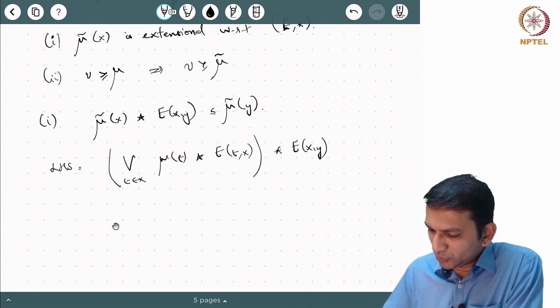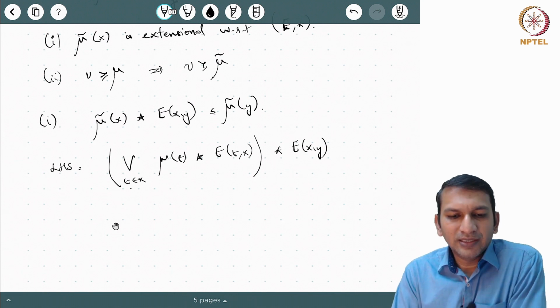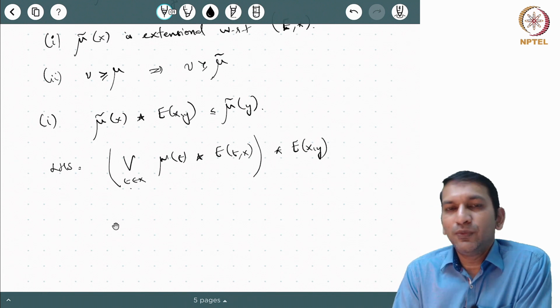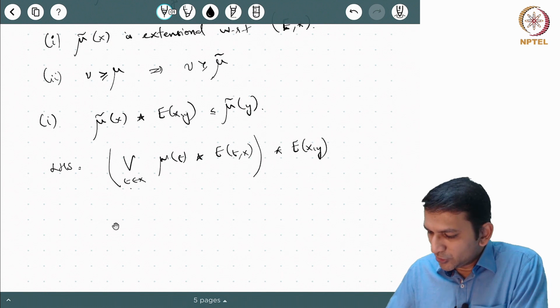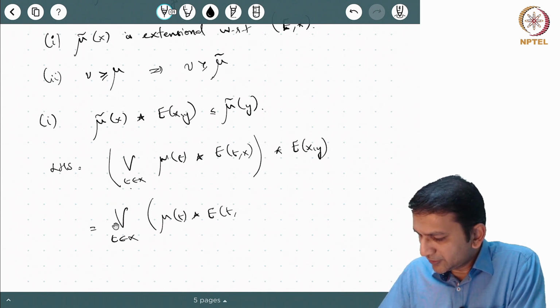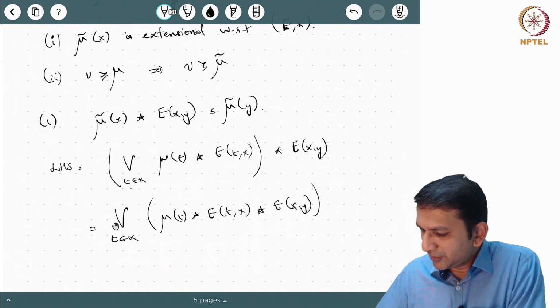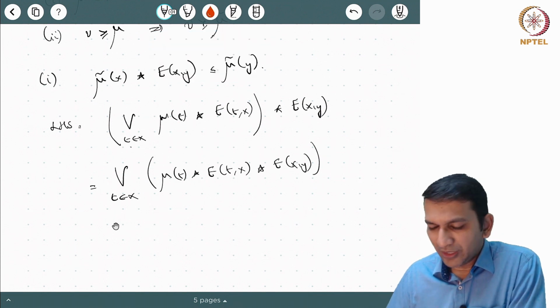Now, this is supremum over T and this is star. We know that star is a T norm. It's coming from a residuated lattice, which means it is in fact left continuous. That means it is supremum preserving. So we can simply push this inside. What we have is the supremum over T element of X of mu of T star E of Tx star E of xy.